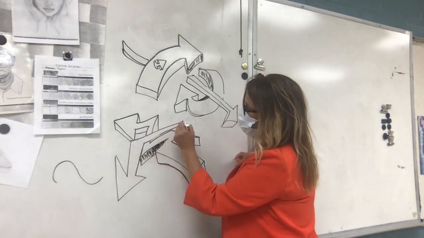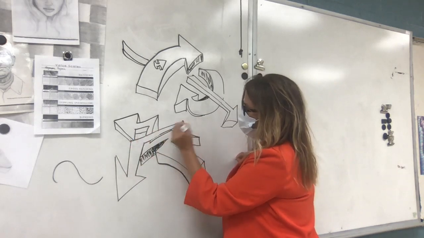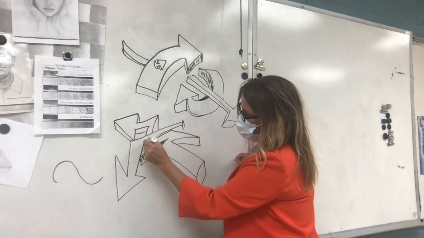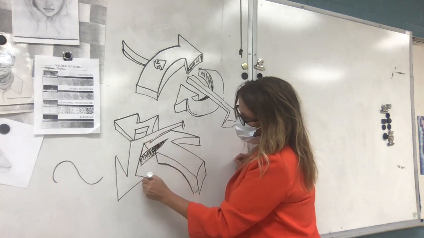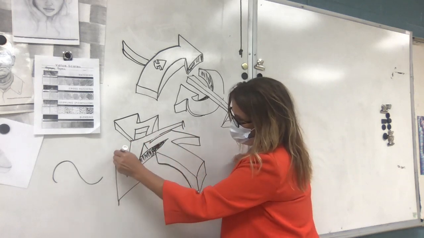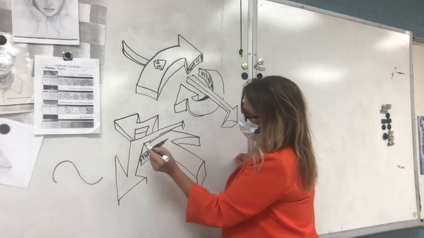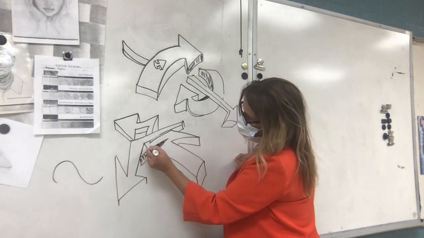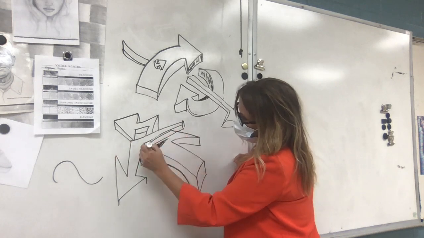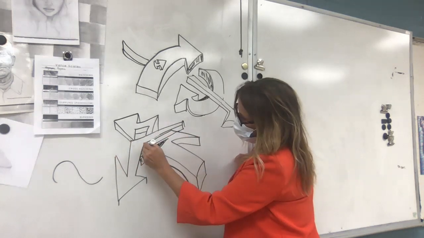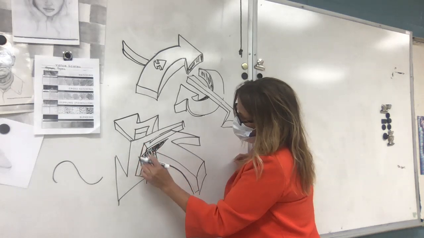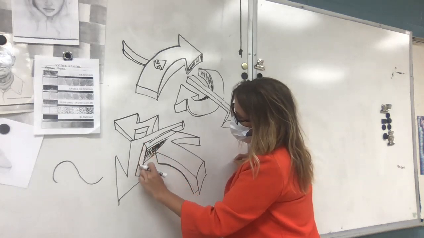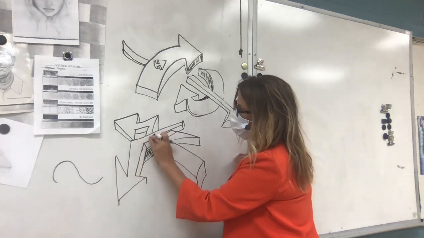And then I'm going to make this one dimensional. Probably not the best spot to do it, right on top of my other one. So that's how you overlap. You just pick whichever one you want on top.